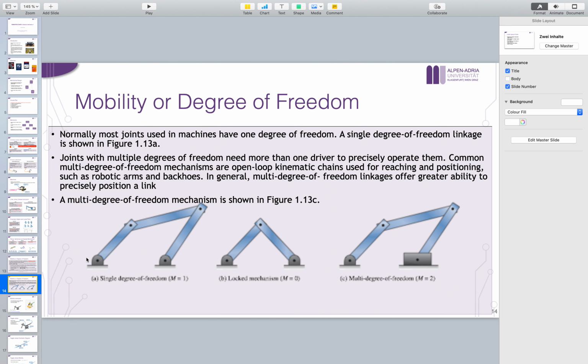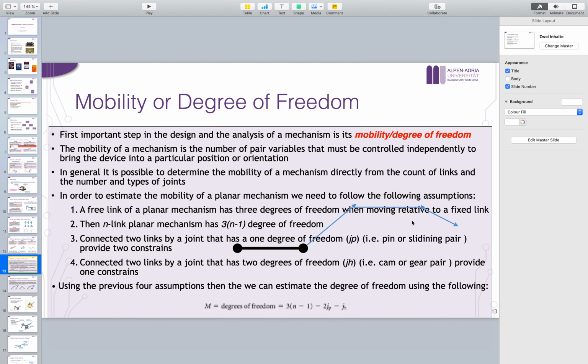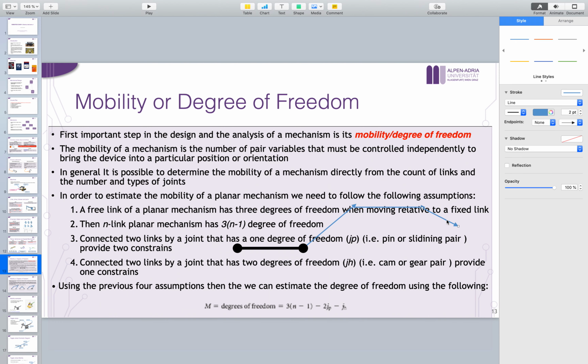So we have basically here different joints, basically 1, 2, 3, 4 joints, which is different from an open loop mechanism, because in this case, as I said, we have connected back. So this is not a free link, which just comes to open mechanisms or open loop. Here it is closed loop.